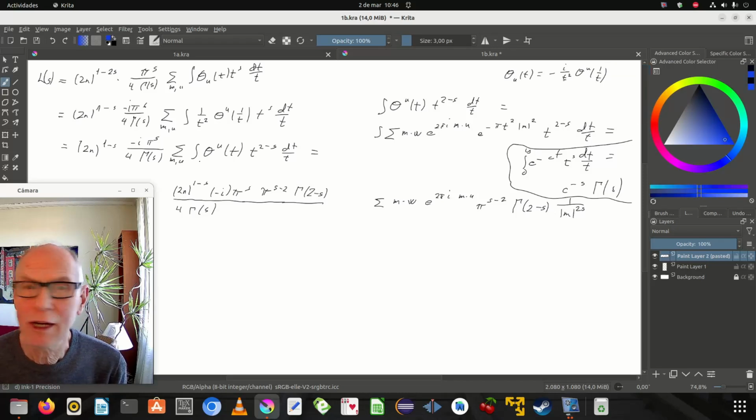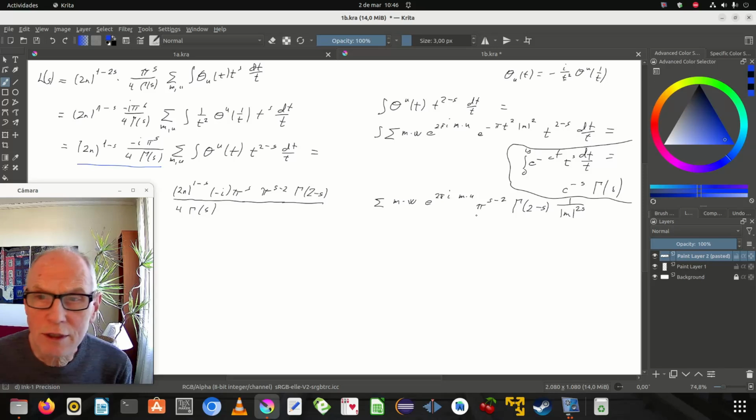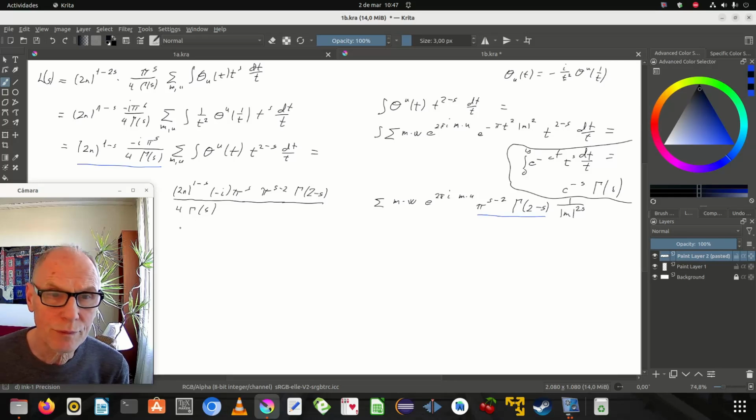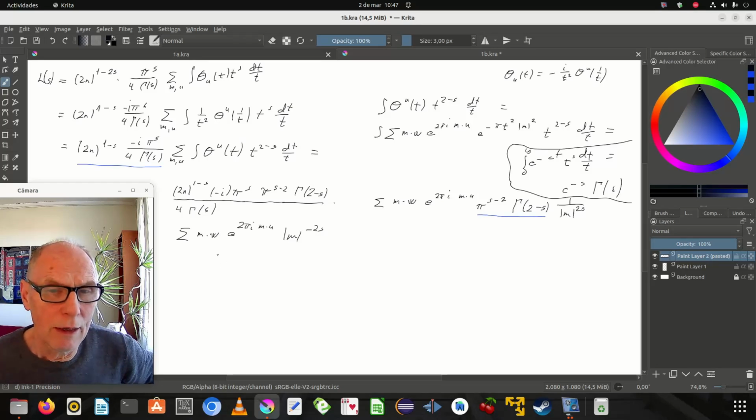So now we've taken care of the constants. And then we have the sum. And we have to insert, and that was on the other page.